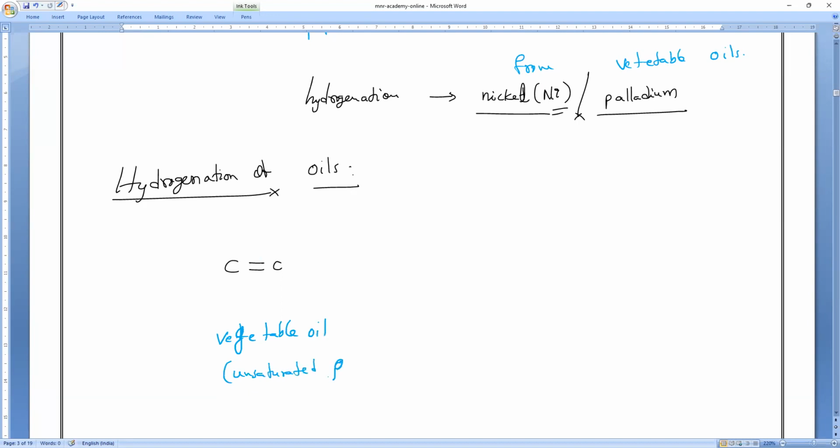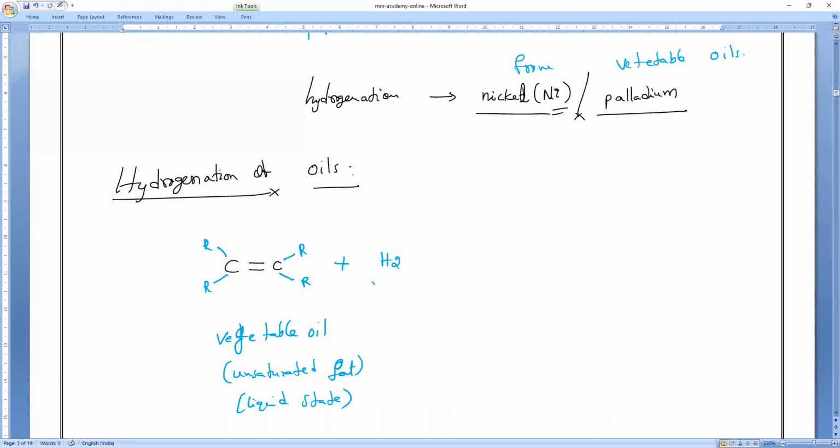So we'll take it as an unsaturated fat, which we used to call a liquid state basically. It may contain anything, so if it contains anything, we can represent it with R bond.